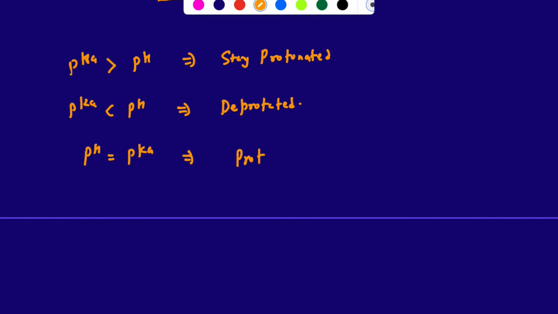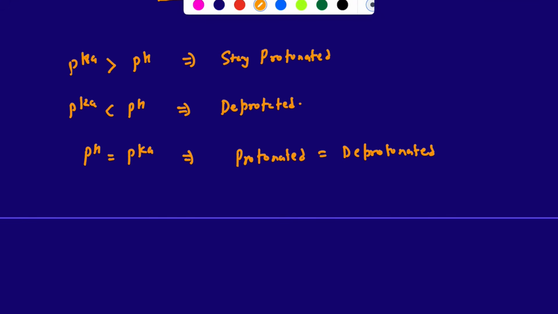So the amount of protonated and the deprotonated is going to be exactly the same. So then in that case, you can say the positives and negatives are actually equal to one another, but that's typically not the case that you want to look at. You are either going to have a higher pH or a lower pH than the pKa values, and this is how you want to look at it.